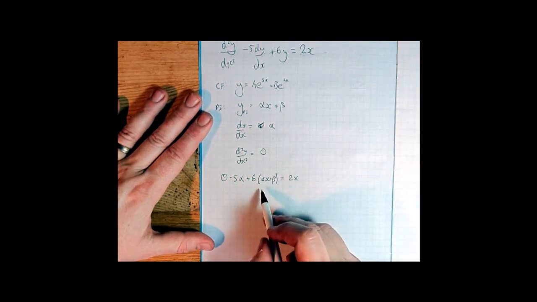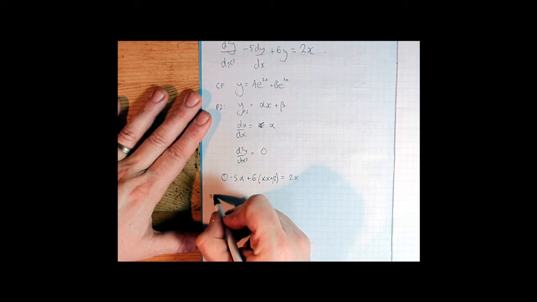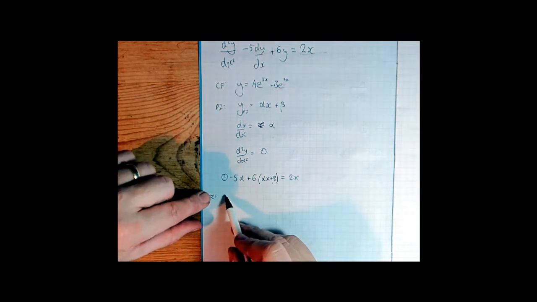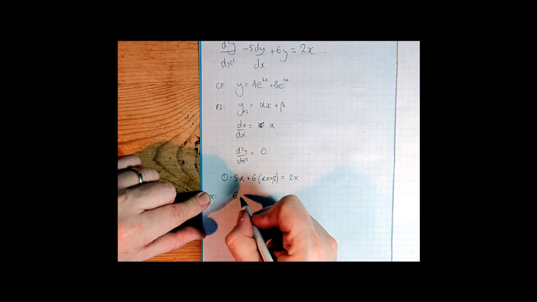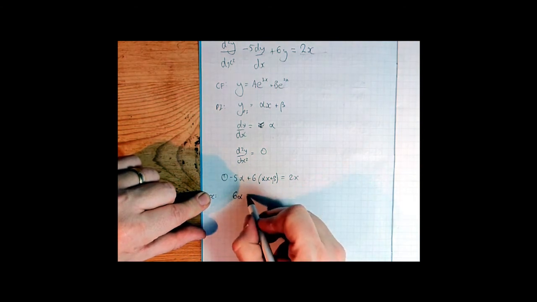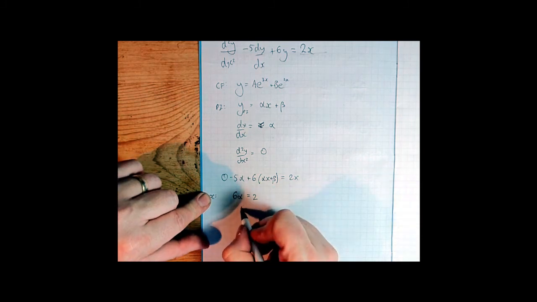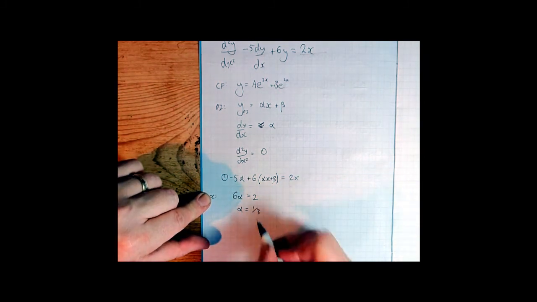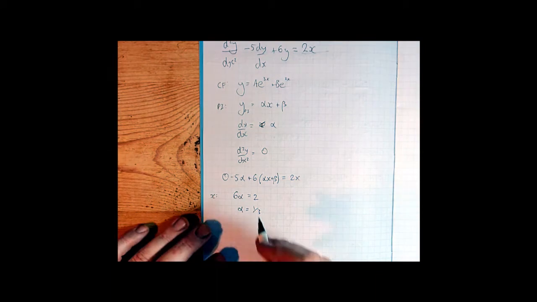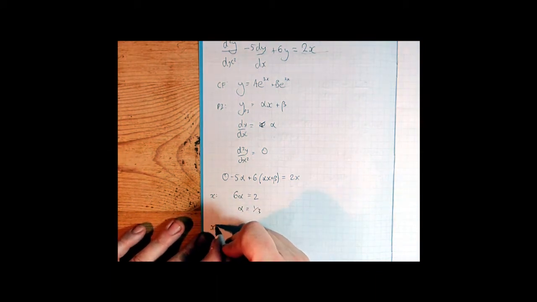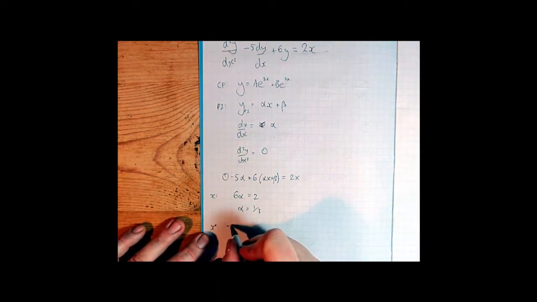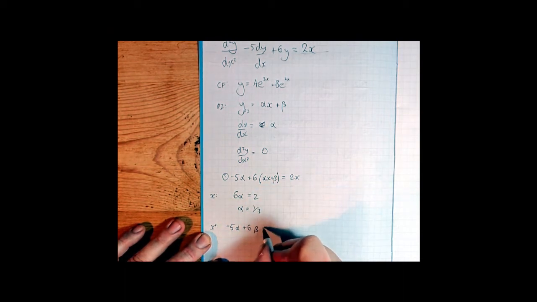Simplify that. In fact, I can't really simplify it, can I? What I'm going to do is compare coefficients. Compare coefficients of x. Well, 6 alpha equals 2. So alpha is a third. And I also know if I compare my constants, I've got minus 5 alpha plus 6 beta is 0.